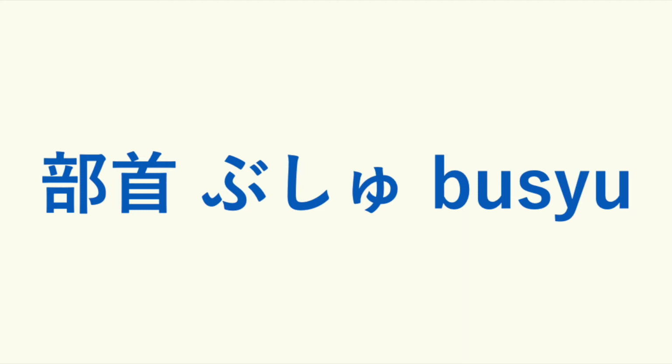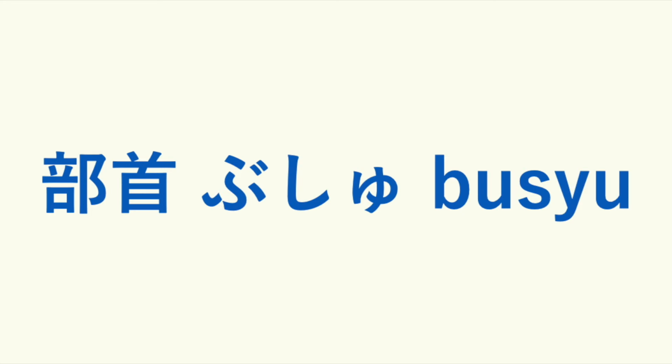So these parts, especially the common parts, are called busyu. Depending on the part of the whole kanji, it has a different name. There are basically 7 parts of busyu.